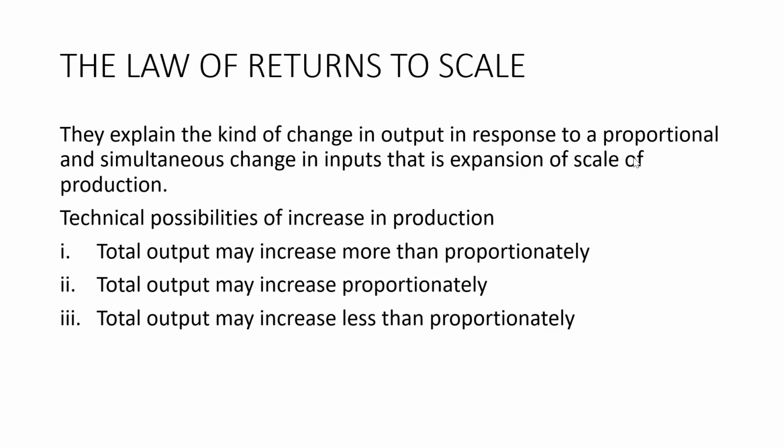So there are three possibilities for the increase in production. Total output may increase more than proportionately, total output may increase proportionately, and total output may increase less than proportionately.